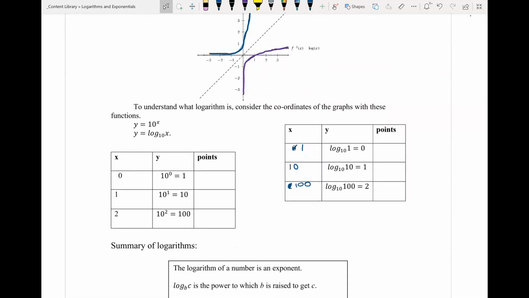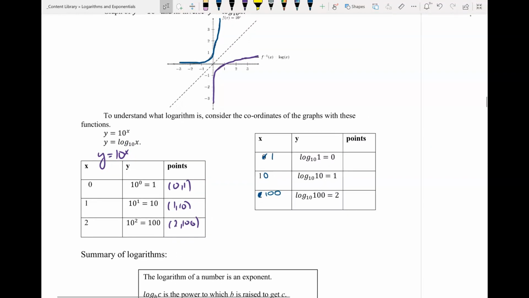To understand what a logarithm is, we're going to consider the coordinates of the graphs of these functions, 10 to the power of x and log base 10 of x. For y equals 10 to the power of x, here's a table of values for a few points. We're considering x equals 0, x equals 1, and x equals 2. The coordinate points are then (0, 1), (1, 10), and (2, 100).